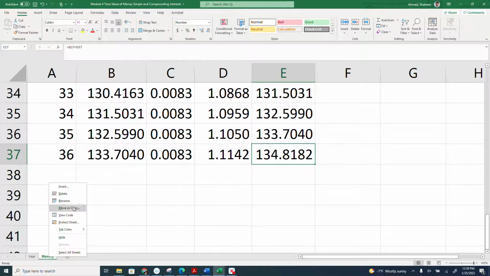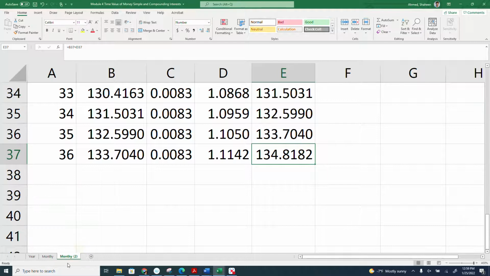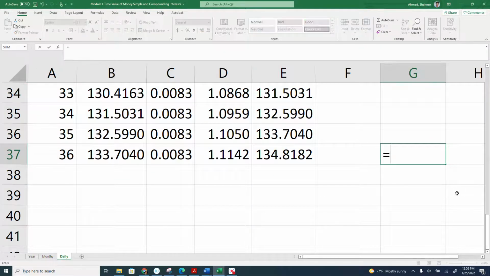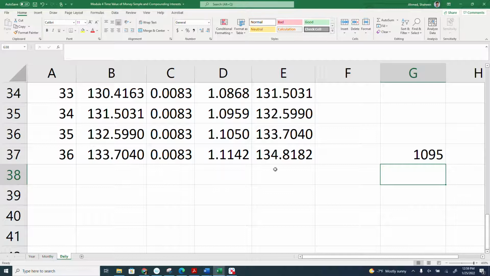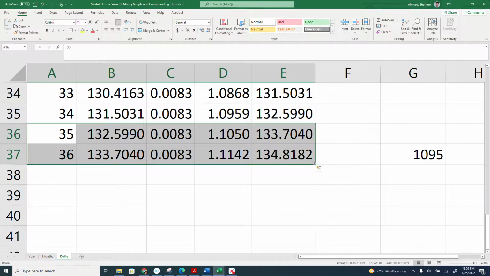If you go to daily compounding, let's go ahead and calculate for the daily compounding. Now for daily compounding, 3 years is actually 3 times 365, so that's 1095 days. So you're going to go up to 1095 days.